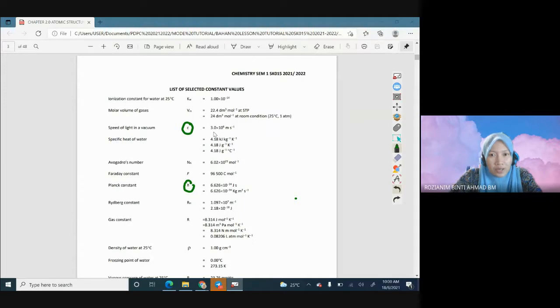So the speed of light only one value, 3.0 times 10 to the power 8 meter per second. But the problem for the h constant. So the Planck constant ambil formula ataupun unit joule second sahaja. Kat bawah ni kalau you ambil meter nanti kena ubah pula unit meter. So tak payah sebab nilai dia tetap sama. So nilai ini dan nilai c yang kita masukkan ke dalam substitution kita.